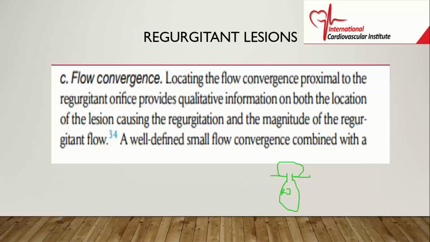Locating the flow convergence proximal to the regurgitant orifice provides qualitative information on both the location of the lesion causing the regurgitation and the magnitude of the regurgitant flow. So you can get qualitative information from this, and quantitative. It can tell you how much regurgitation is occurring.